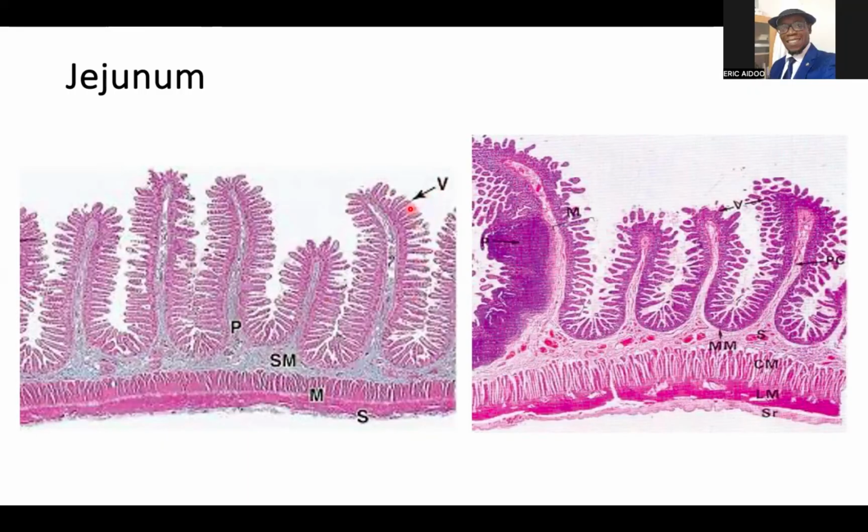So V is standing for villi or villus. So that's the submucosa, and then the muscularis mucosa, muscularis externa, and then serosa. Again, you can see that very characteristic pattern of the jejunum. Muscularis mucosa is there, and then circular and longitudinal muscles of the muscularis externa.